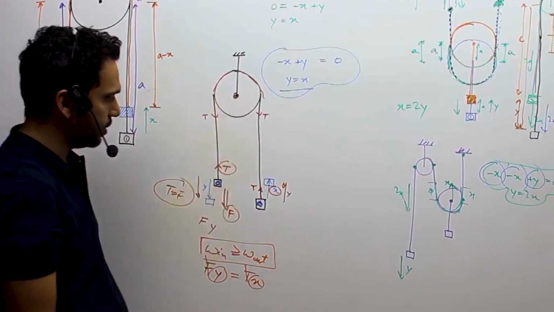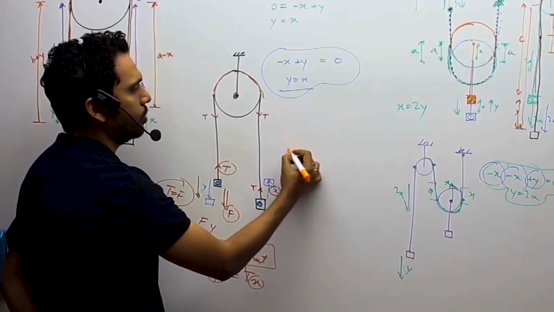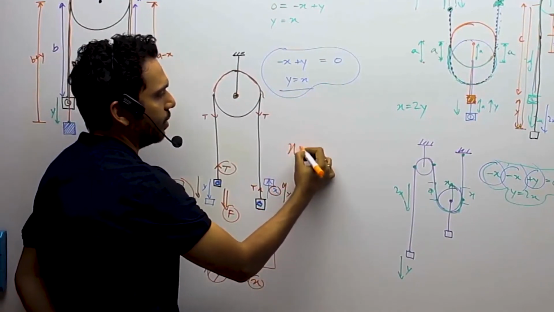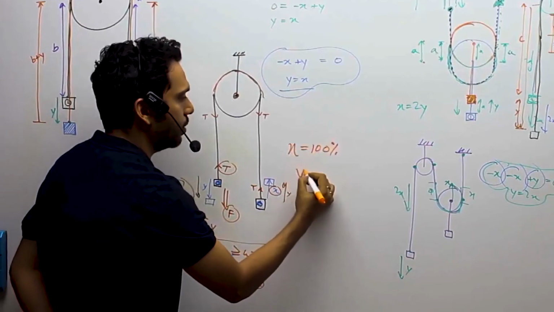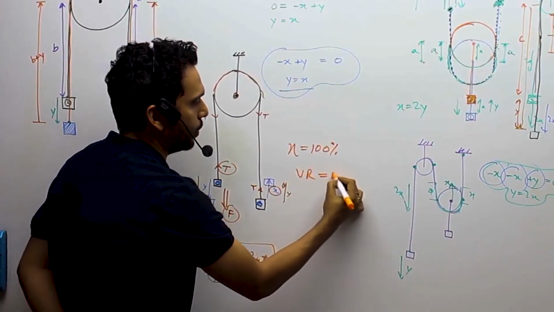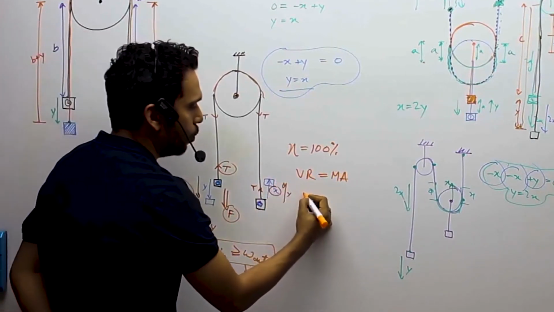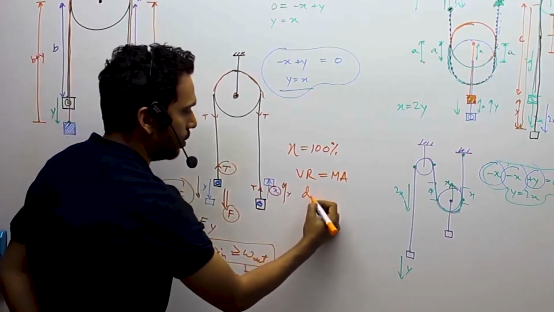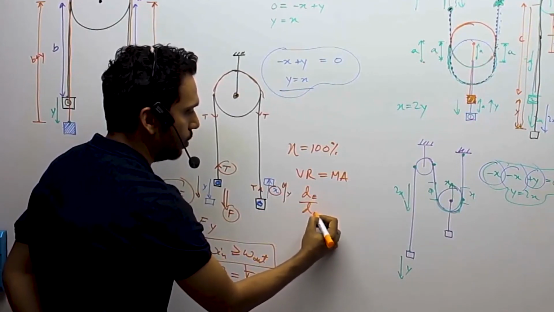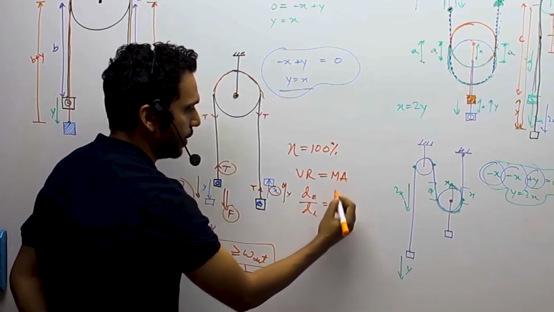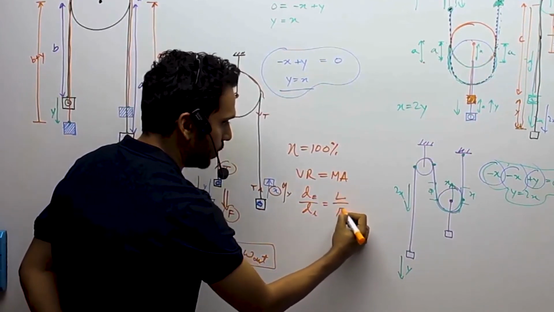What we have done, ICSE guys would be knowing it, is we have taken an efficiency of 100%, and then we know that velocity ratio is going to be equal to mechanical advantage. Velocity ratio is the distance moved by the effort divided by the distance moved by the load, and mechanical advantage is your load divided by how much effort you apply.